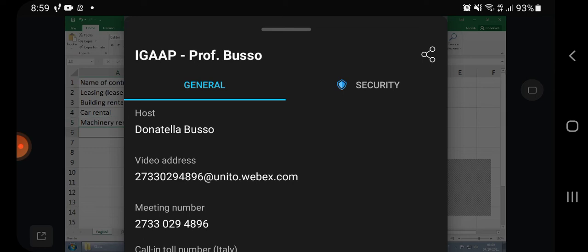Most of the companies, for their employees, they don't buy the mobile phone. They rent it.